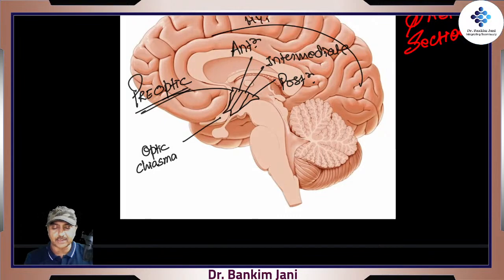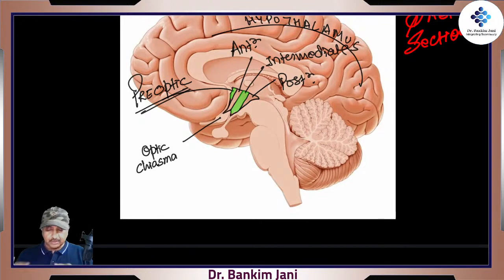No doubt there are other names also, and they will be subdivided, but don't worry, these are the 4 major zones. So this is zone 1, then zone 2, the third one is intermediate, and the 4th one is the posterior hypothalamus.